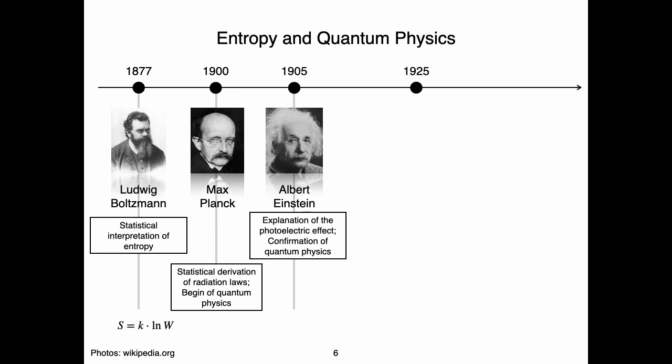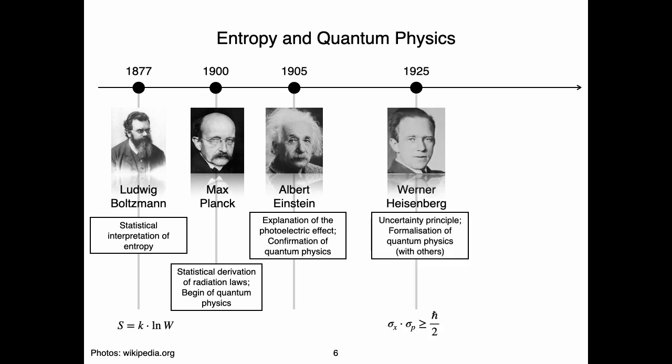Einstein explained it using this quantum picture of Planck, and for that explanation, Einstein won the Nobel Prize, and nowadays we see the importance of this effect in how much photovoltaics is being used.